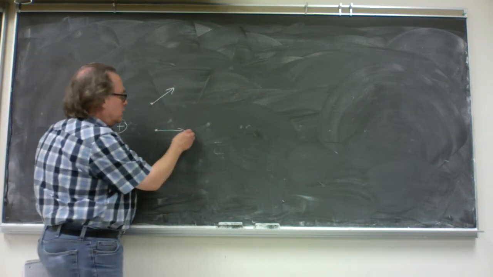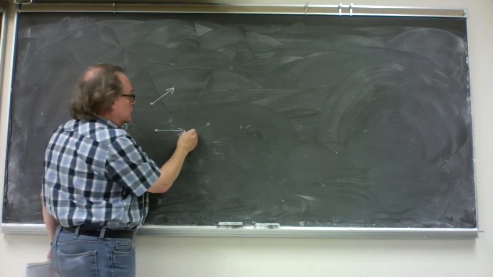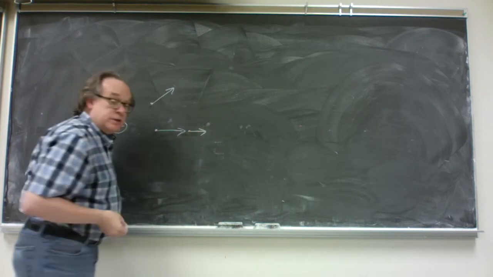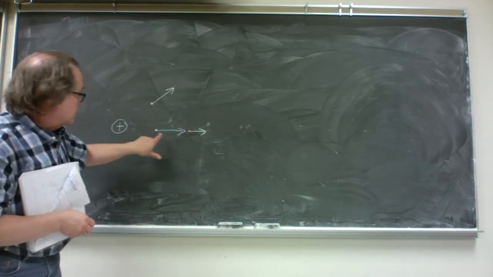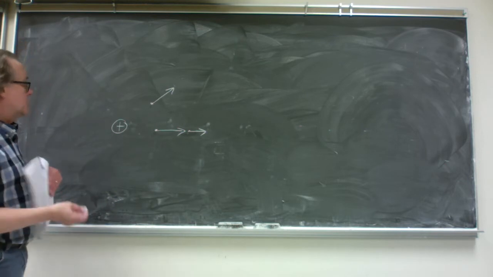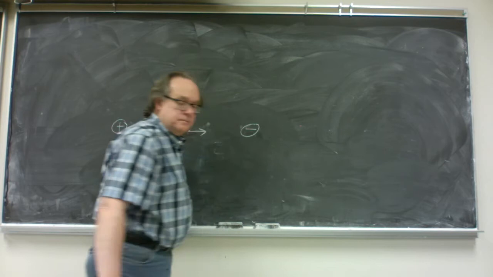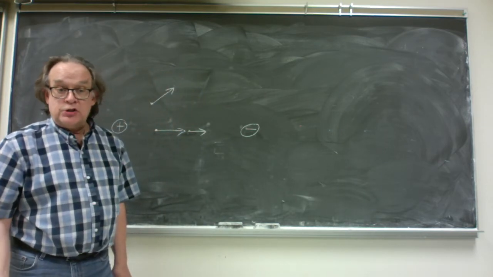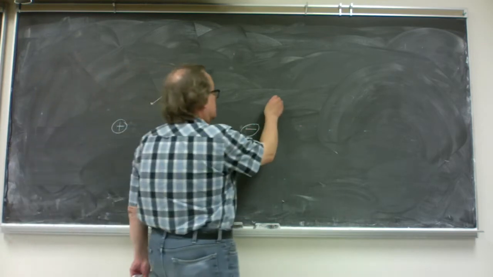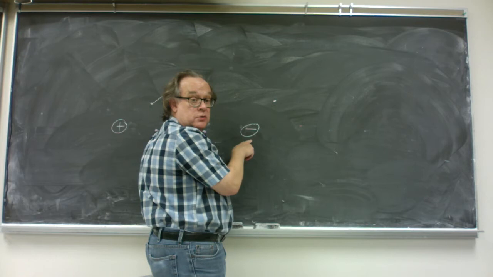For example, the field out here, being farther away from the source, is still in the same direction, but it's a weaker field because this point is farther away. And then similarly, if we had a negative charge, what does the field direction look like at various points? Here, put a positive charge here and it feels an attracting force from this.